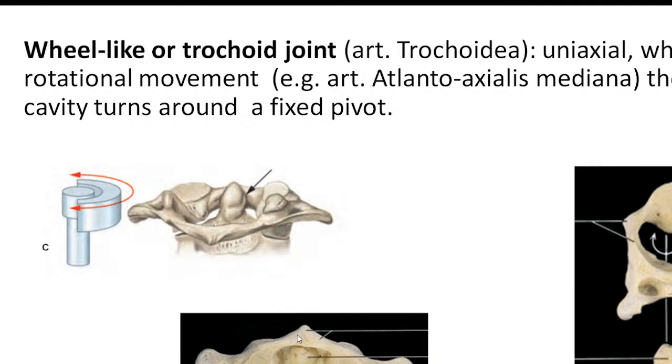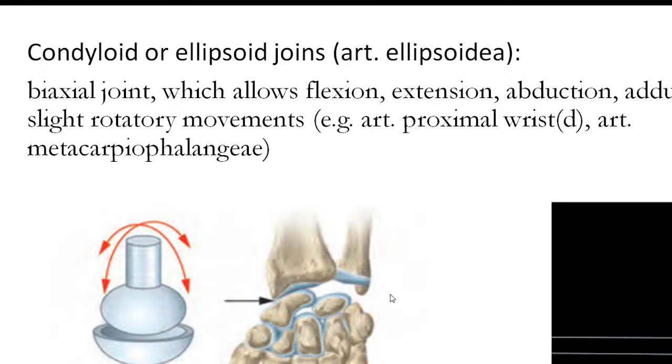What do you see? Atlantoaxialis mediana, atlantoaxialis lateralis. Condyloid or ellipsoid joints, articulatio ellipsoidea. It is a biaxial joint in the sagittal and frontal plane, which allows flexion, extension, abduction, adduction, and slight rotatory movement.